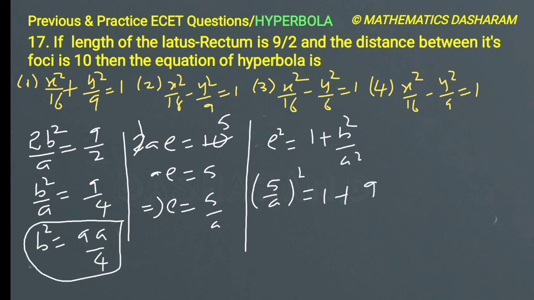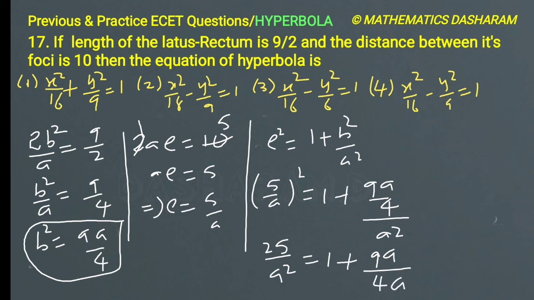So 9a divided by 4 divided by a square. So 25 divided by a square equals to 1 plus here 9a by 4a square. Square a cancel. Then 25 by a square equals to 1 plus 9 divided by 4a.